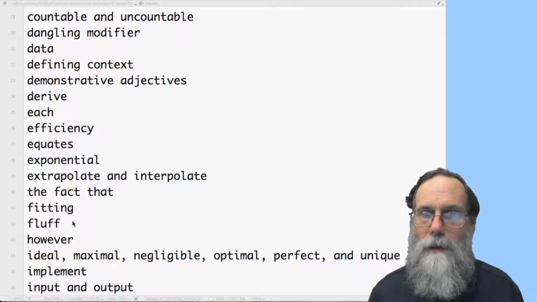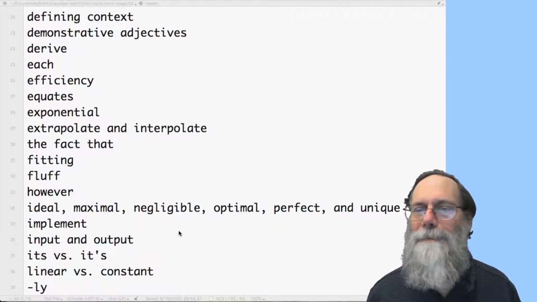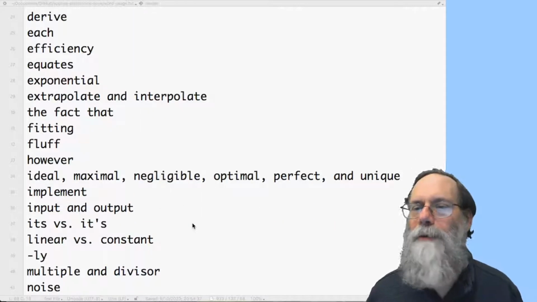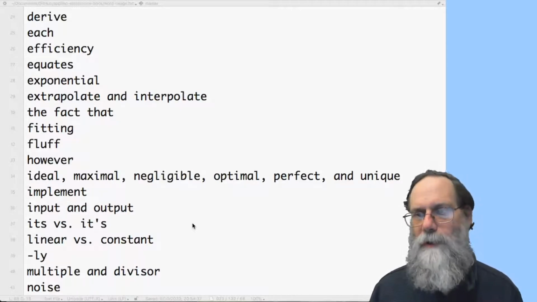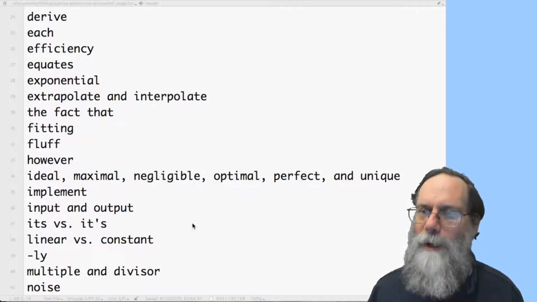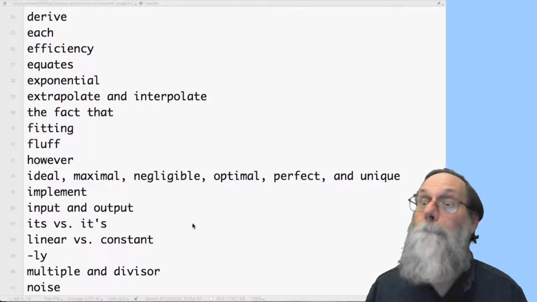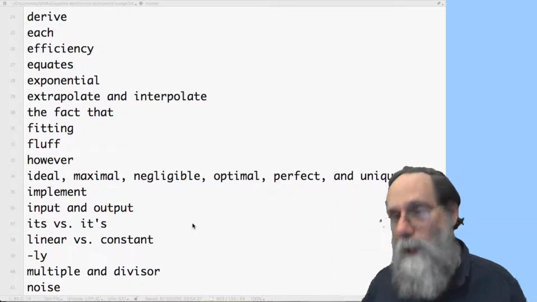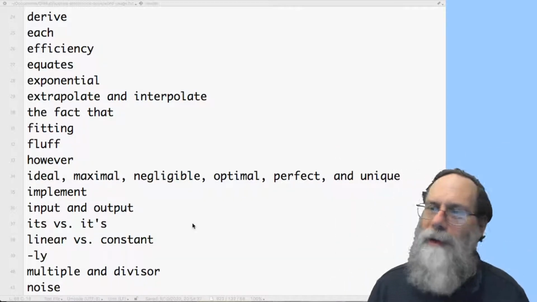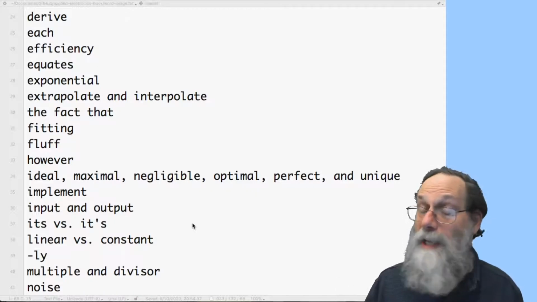All right, the words ideal, maximal, negligible, optimal, perfect, unique. These words don't take intensifiers. They are already as intense as they get. Ideal means the best possible. The very, very, very best you can possibly ever do. And all those verys don't make any sense because best is already best.